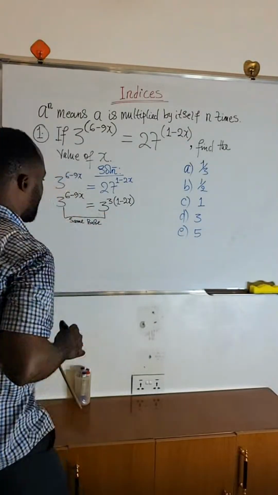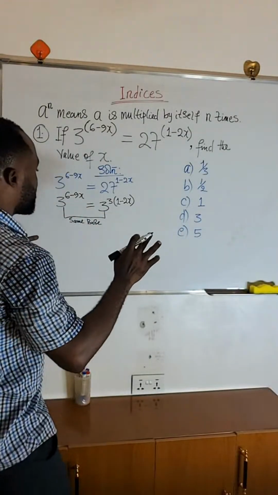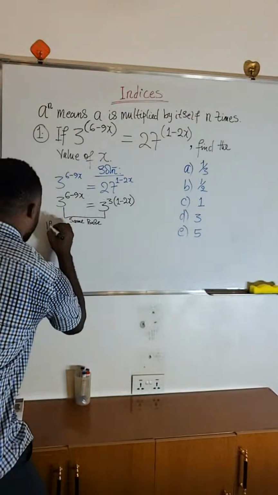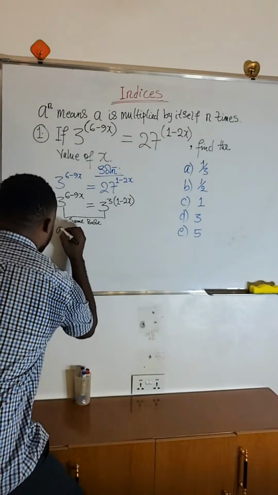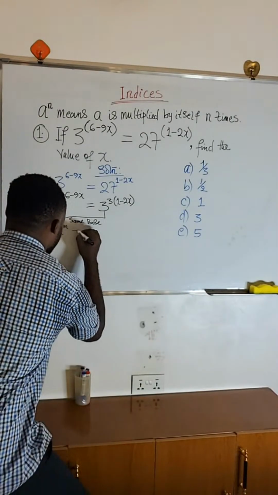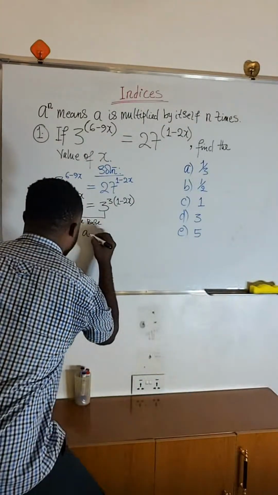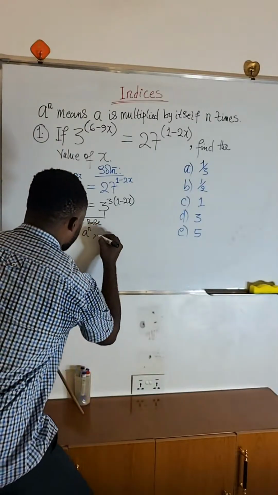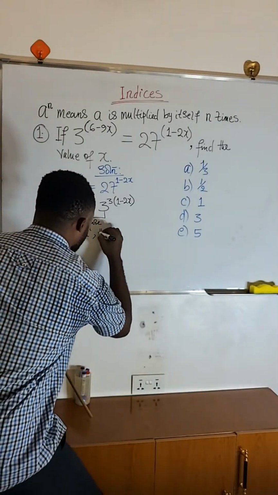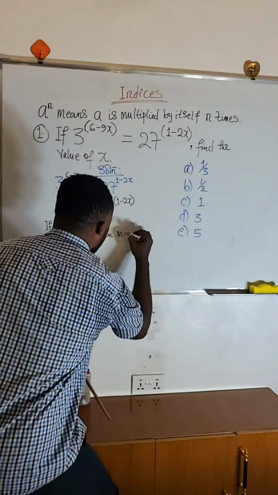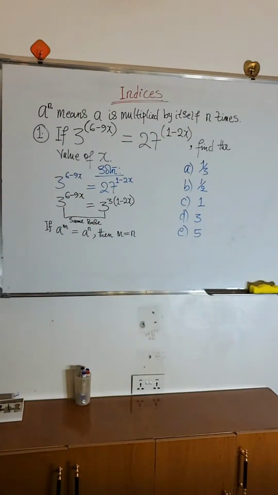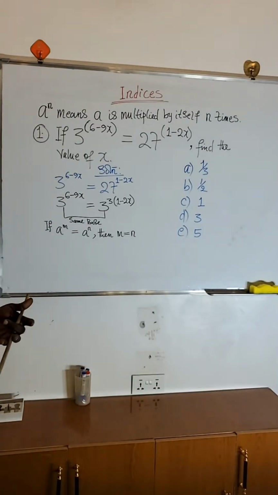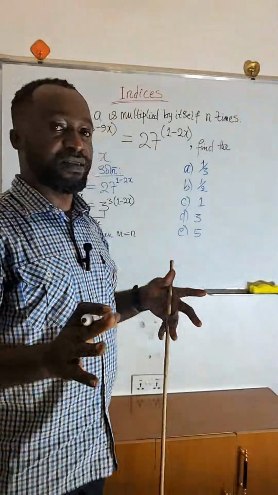That was the essence of the law that says if A is raised to the power of m and equals another A with a different power of n, then m equals n. If you can remember this law, then you can solve this as simply as that.